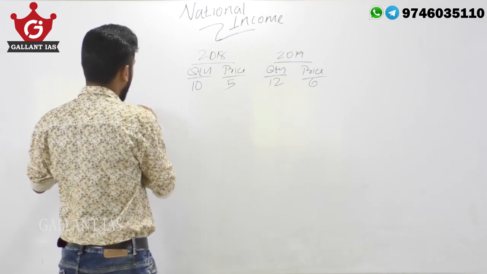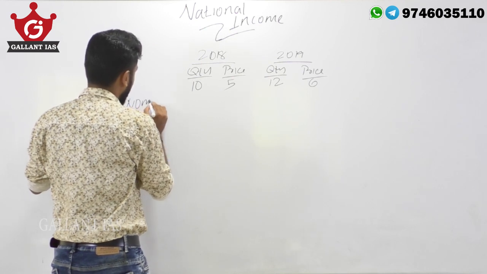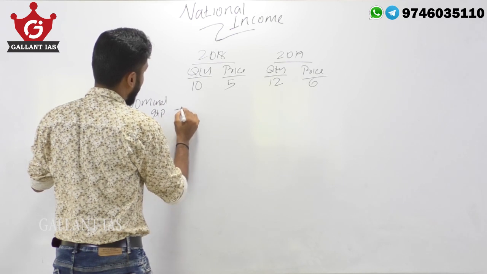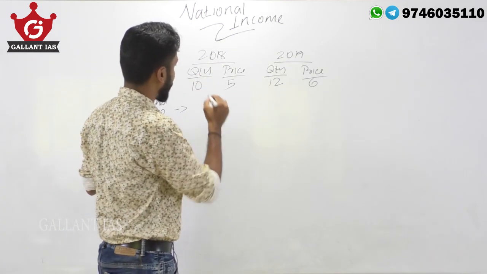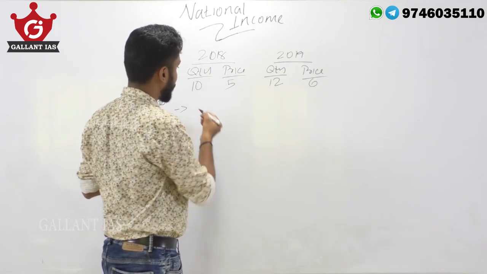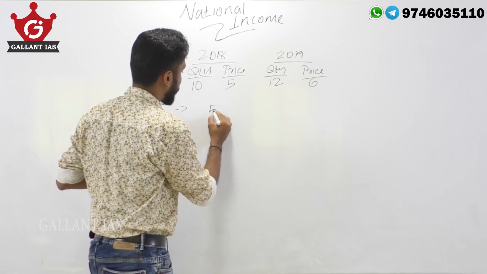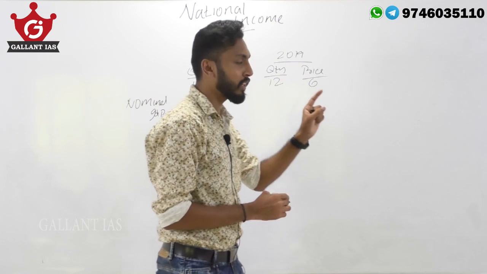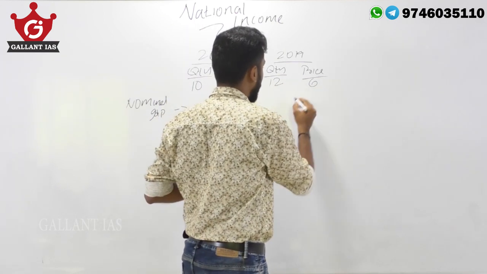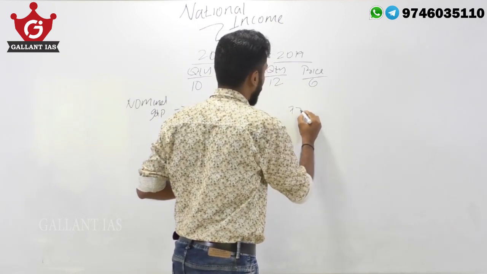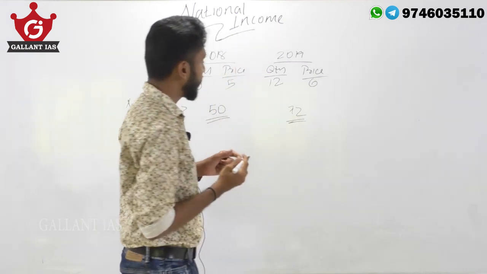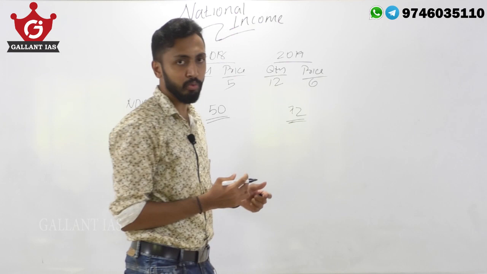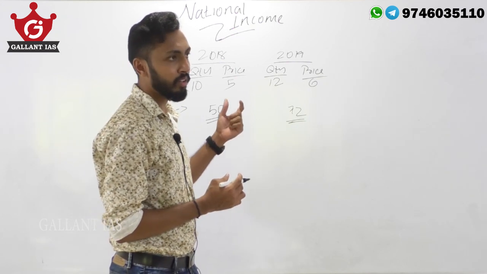So the nominal GDP of that economy in 2080 is quantity times price, which is 10 into 5, which is 50, and nominal GDP in 2090 is 12 into 6, 72.